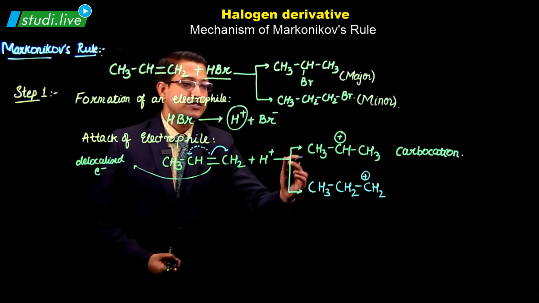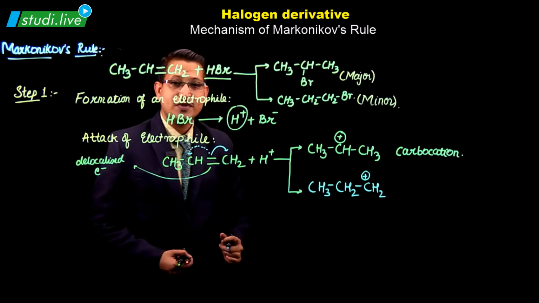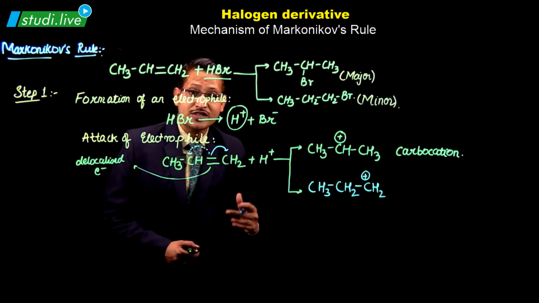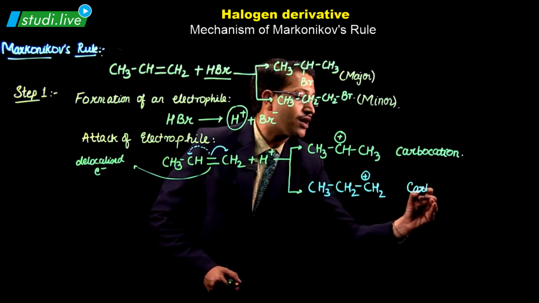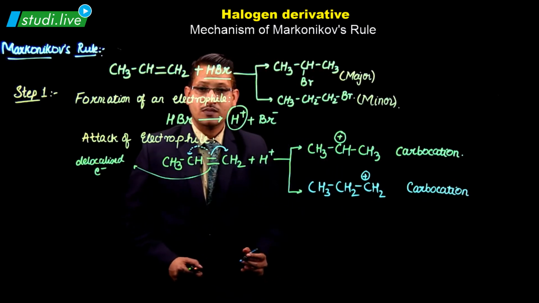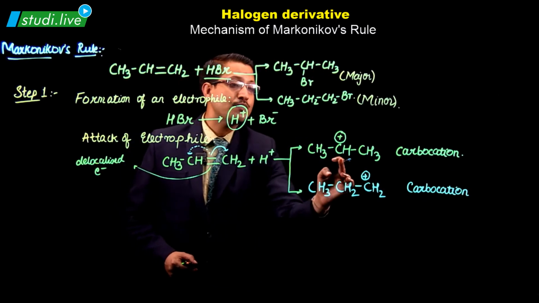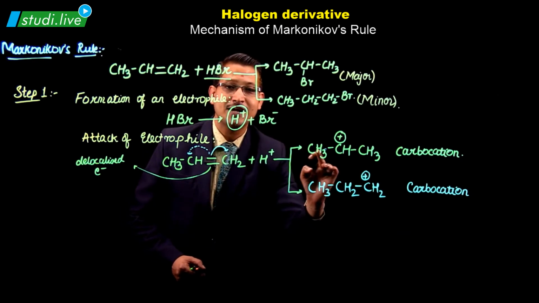So again, this is also carbon with a plus charge, this is also carbon with a plus charge. Now when both of them are carbon with a plus charge, they are carbocations. So this also is a carbocation. Now what is the difference between the two? The difference is the carbon bearing positive charge is attached to two other carbon atoms.